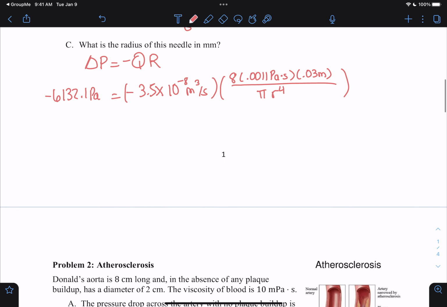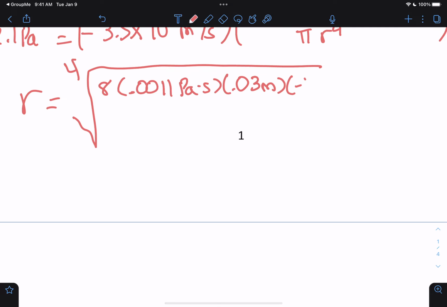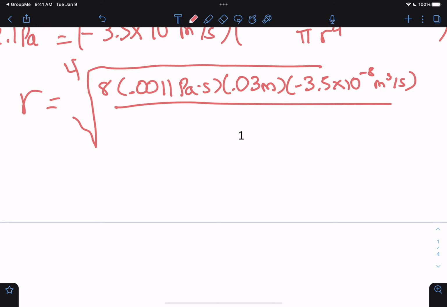you should get your radius equal to this really big equation where you're taking the 4th root of 8 times 0.0011 Pascal seconds, times 0.03 meters, times negative 3.5 times 10 to the negative 8 meters cubed per second, divided by negative 6,132.1 pascals times pi.